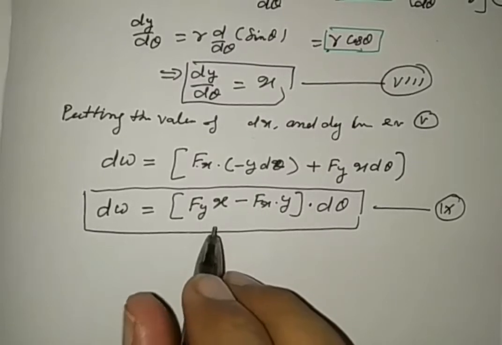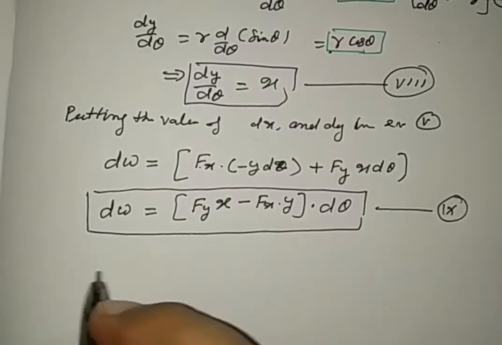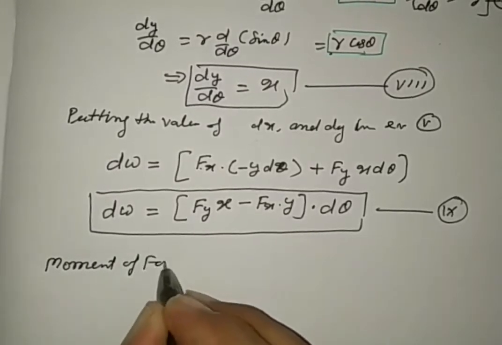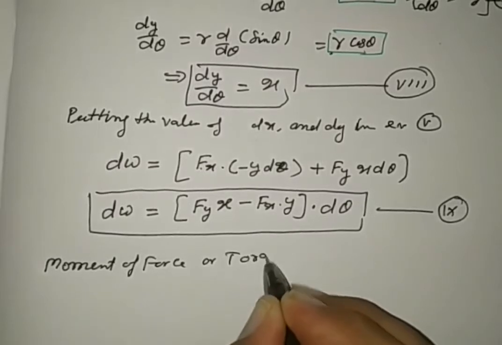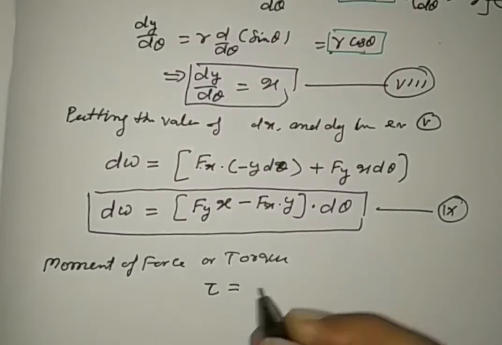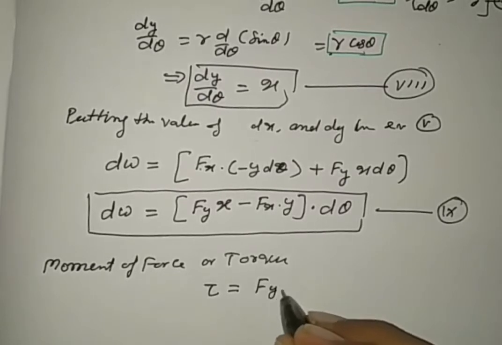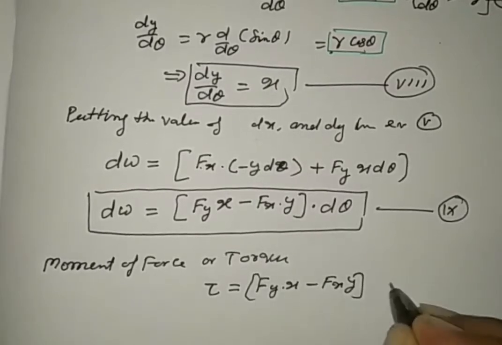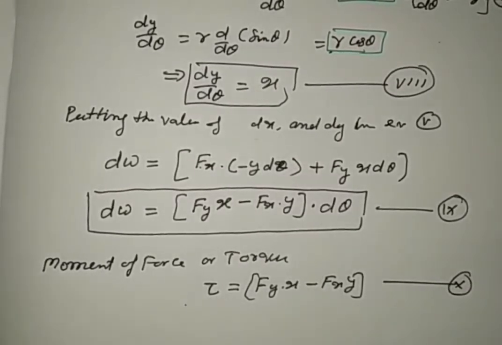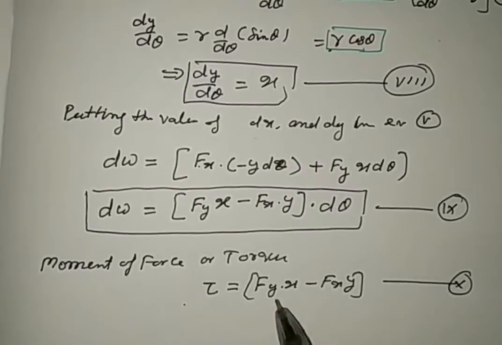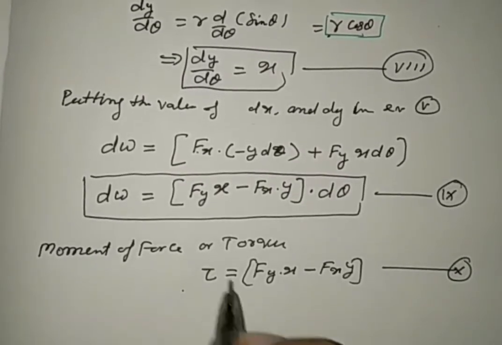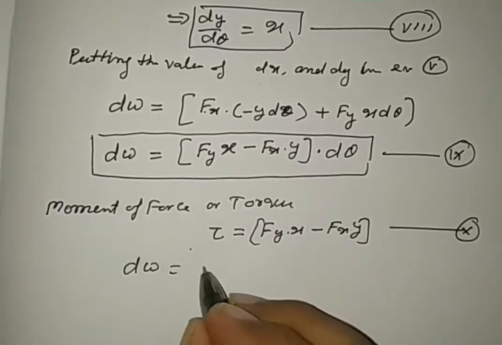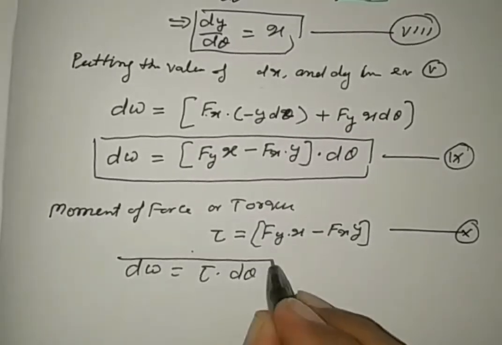We have already calculated that moment of force or torque, which is denoted by tau, is equal to fy x minus fx y. We already obtained this expression in the previous lecture. So comparing both, we can write dw is equal to tau d theta.